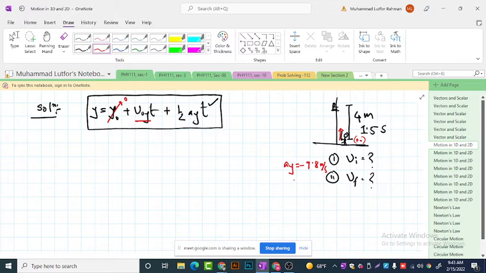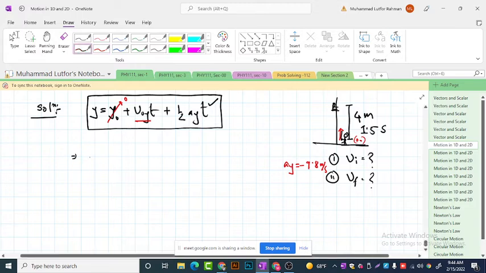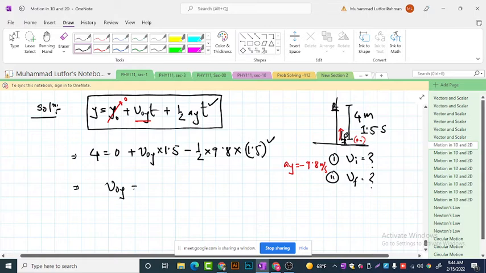Then if I plug in, this is 4, this is 0, v naught y, which I want to find out, times 1.5, minus half times 9.8 times 1.5 squared. If you do some calculation, you will find that v naught y is 10.01 meters per second.